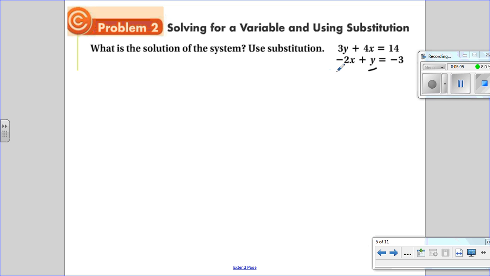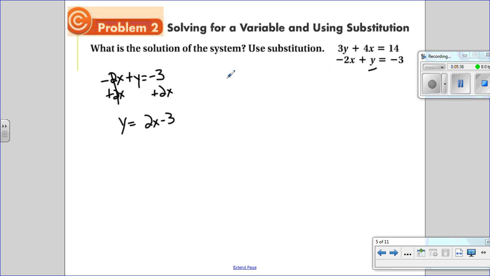So I'm going to take this equation and get y all by itself. So I have y equals 2x minus 3. Now y is by itself.